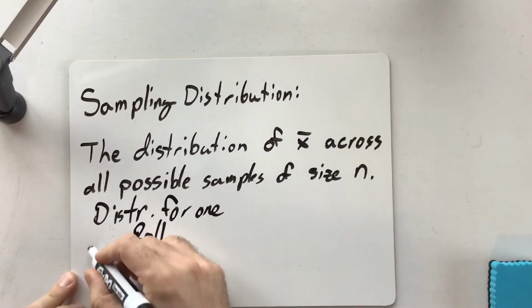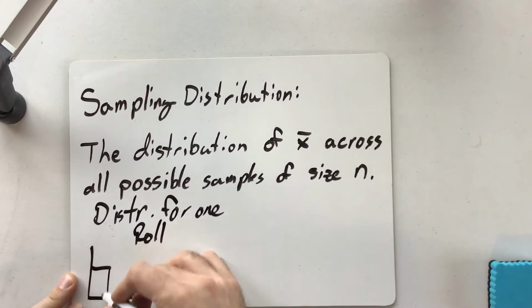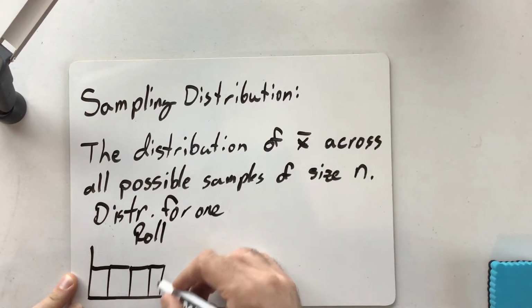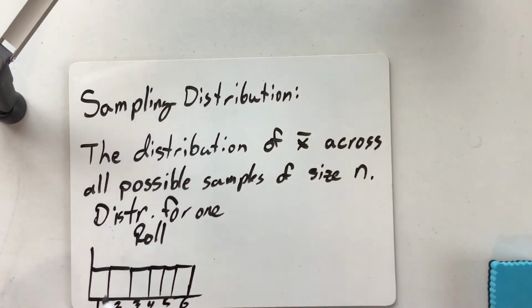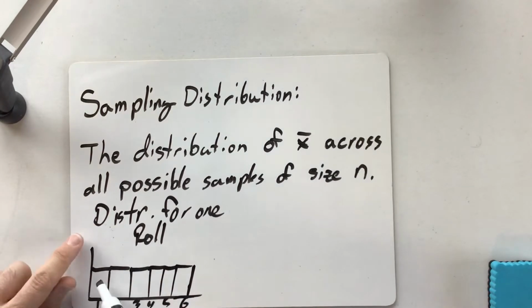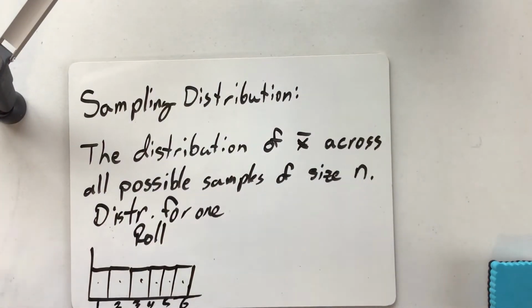And if I thought about that problem we just had, my distribution for my 1 roll might look something like this, where I have 1, 2, 3, 4, 5, oh, I didn't put enough, 6. So my distribution for 1 roll might look something like this, where each possible outcome had the same likelihood. So each number has the same result.